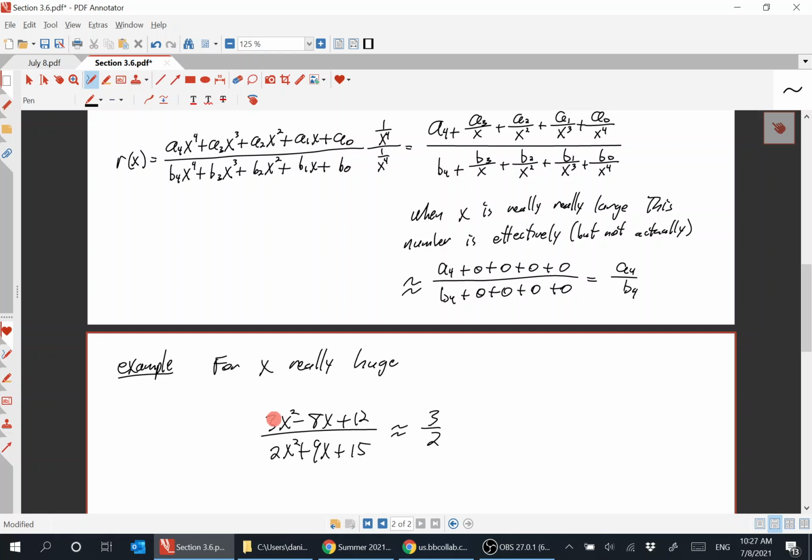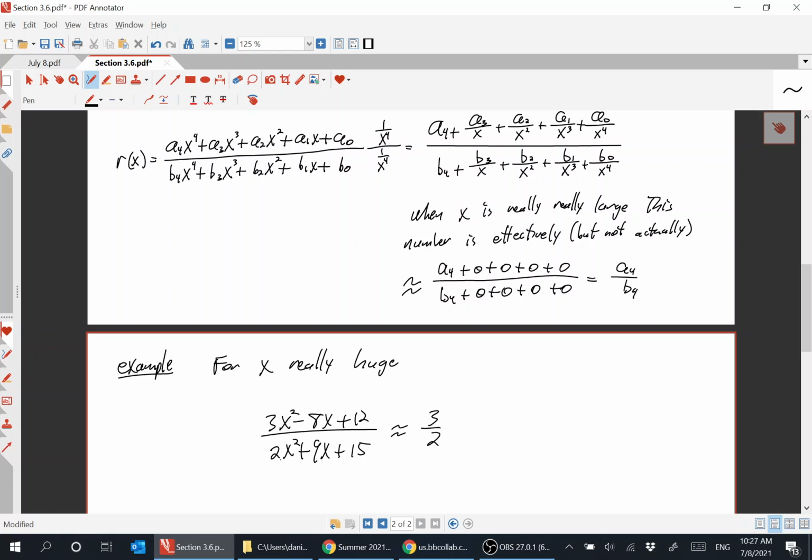Just take the ratio of the leading coefficients. Here it's a4 over b4. Here it's just 3 halves. Approximately. It's not exactly 3 halves, but effectively 3 halves.